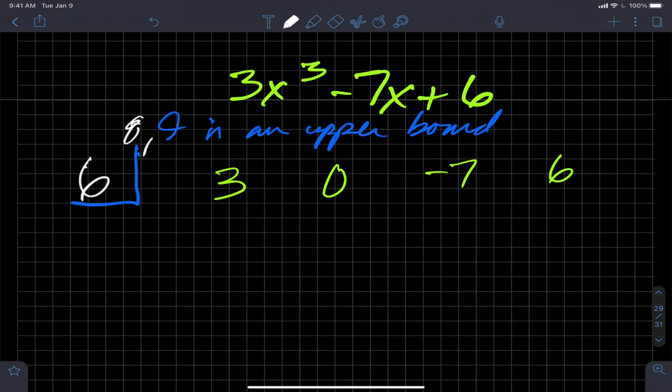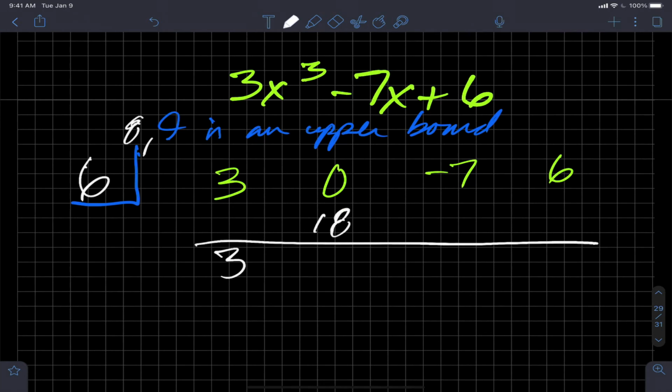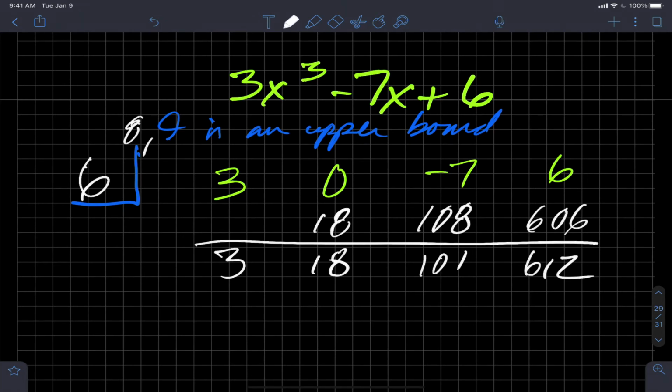So I'm going to skip 7 and go to 6. We'll see what happens. 3 times 6 is 18. 18 plus 0 is 18. 6 times 18 is 108. Subtract 7 is 101. And I still get a very large number when I multiply this times 6 and add that. And so 6 is an upper bound as well. So I want to scrunch down even more.